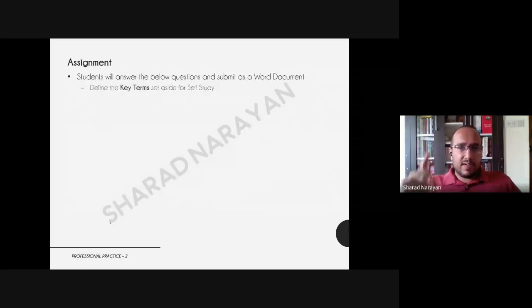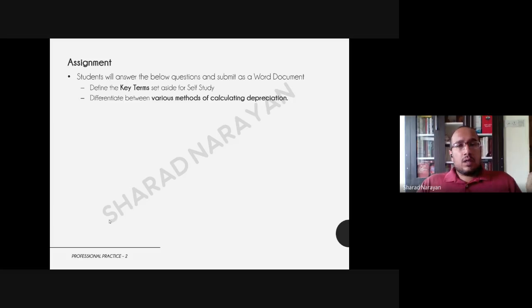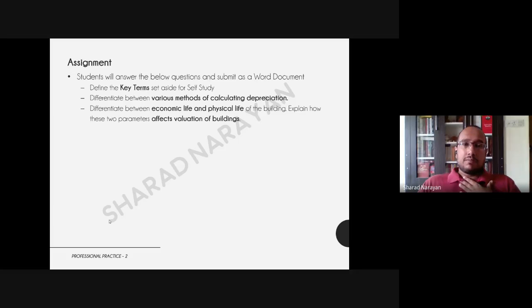So, the first thing is the key terms that we set aside for the self study. So, basically, this is going to be a simple question and answer session. Understood? You're going to differentiate between the various methods of calculating depreciation because we've defined it over here, but you have to differentiate it. Find points of differentiation between each type of calculating depreciation.